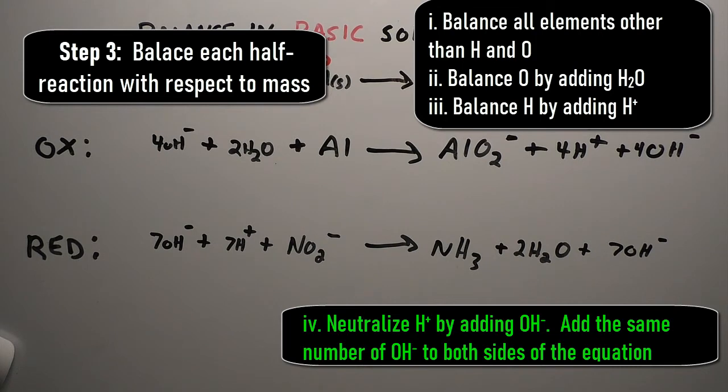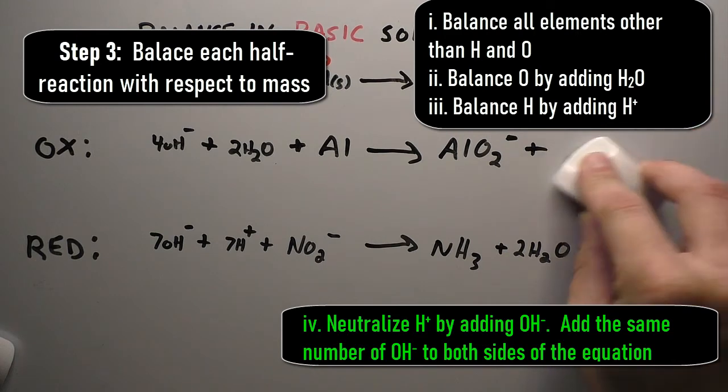Now, it's important to understand that anytime you have an H plus and an OH minus, you can simplify that down by thinking of them coming together to make water. So if we have 4 H pluses and 4 OH minuses, we can simply consider that 4 water molecules. So I'm going to simplify that down right here.